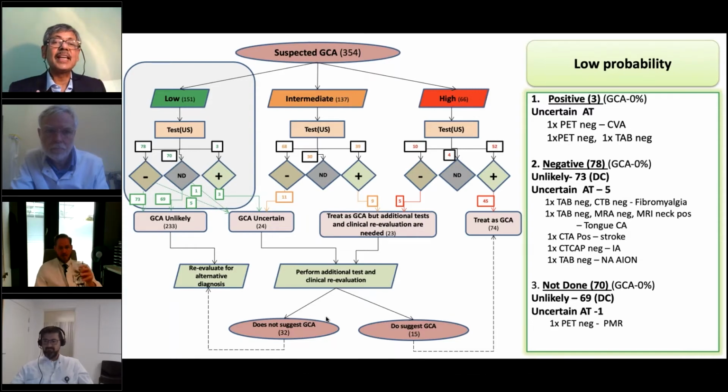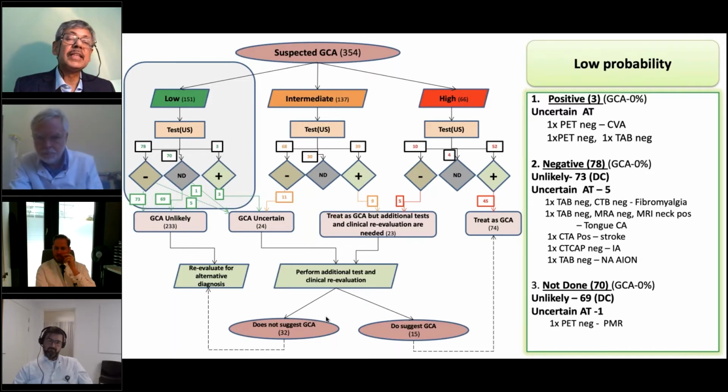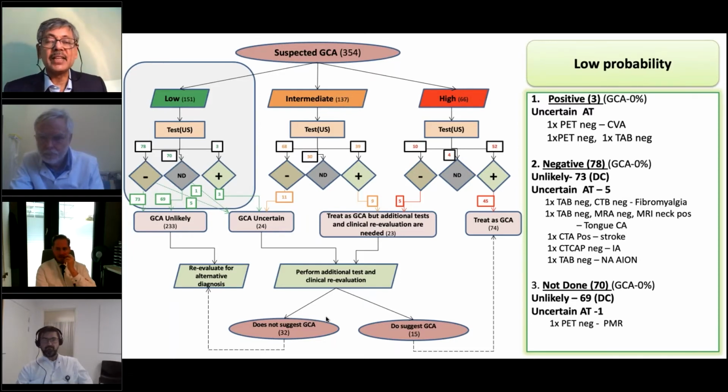So how does this algorithm work? For example, if you take the patients where the probability score tells you that they have low probability for GCA, and then you do ultrasound. If you get an ultrasound negative in low probability GCA, you don't have to do anything, and you essentially discharge the patient.